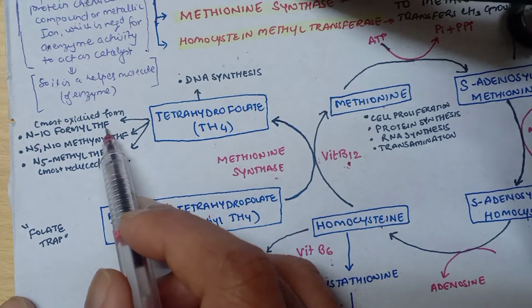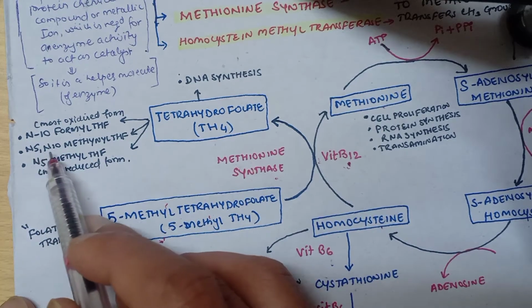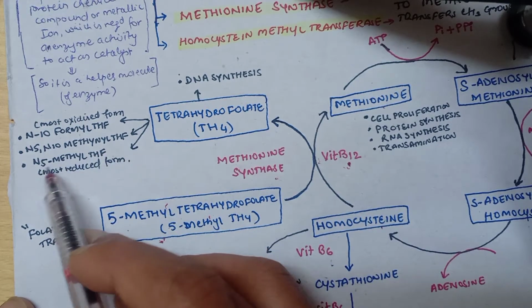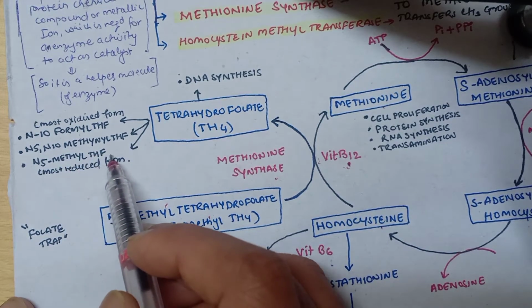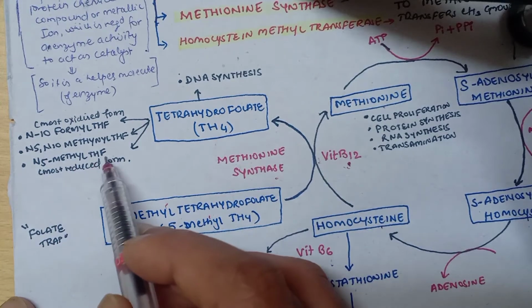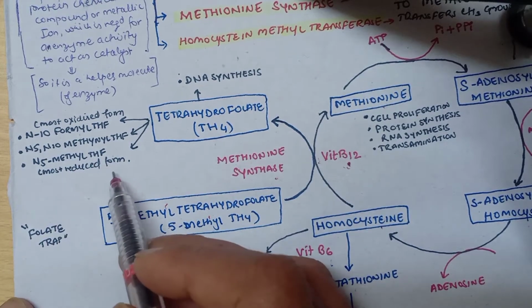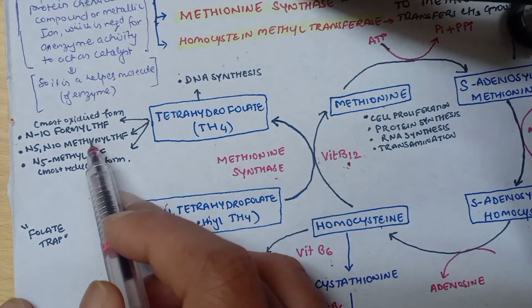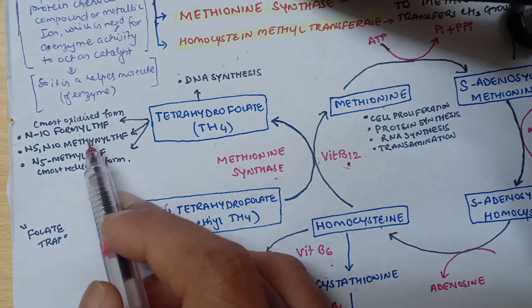It can also get converted into N10-methylene tetrahydrofolate and N5-methyl tetrahydrofolate. N5-methyl tetrahydrofolate is the most reduced form, and they are required for DNA replication, helping in DNA synthesis.